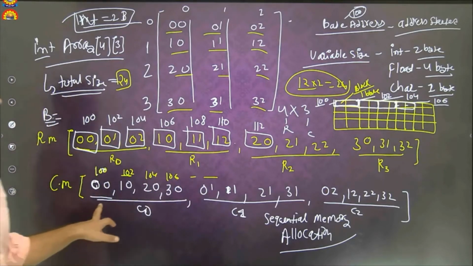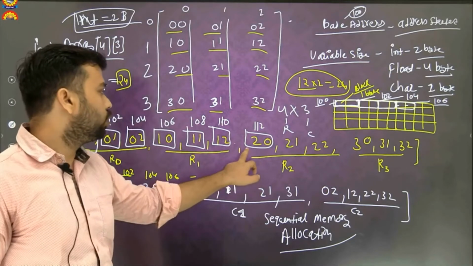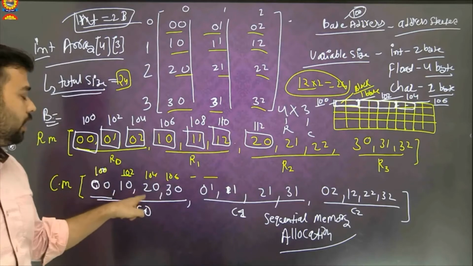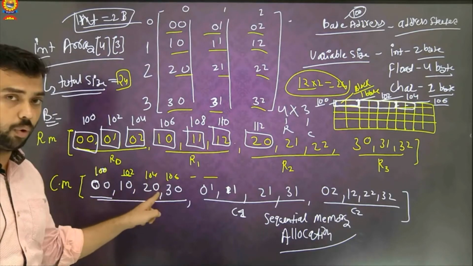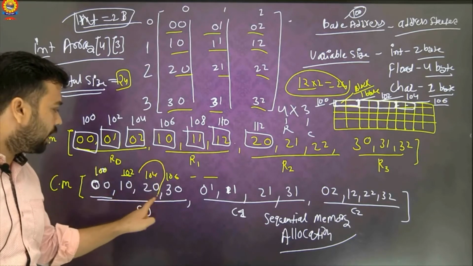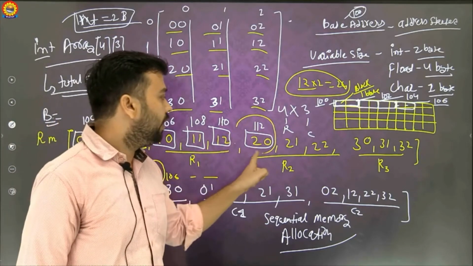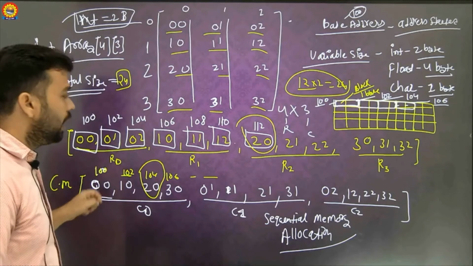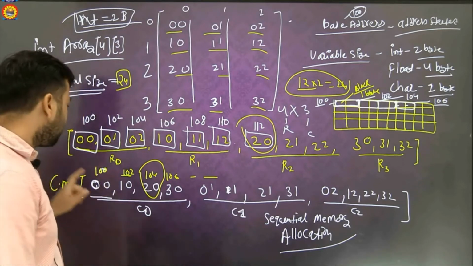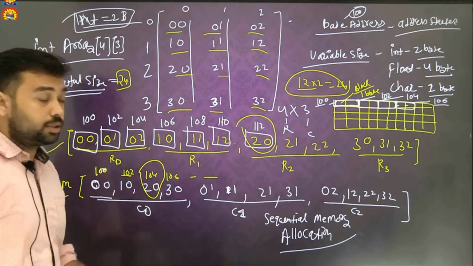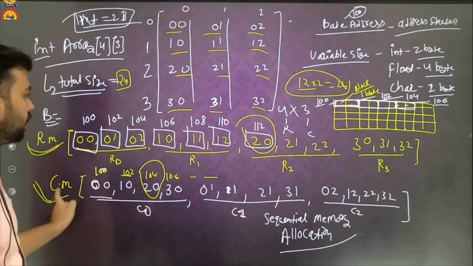Look, here the address of element 20 will be 112, but here the address of 20 will be 104. So here the address is 104 and here the same element address is 112, where the base address starts with 100. Why? Because one is stored in row measure and the other is stored in column measure.